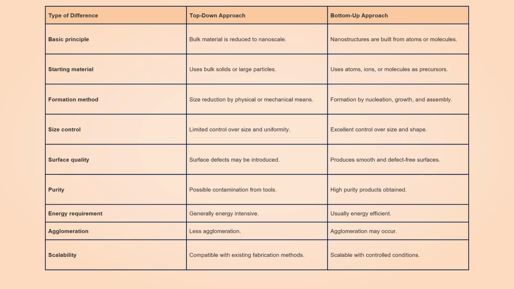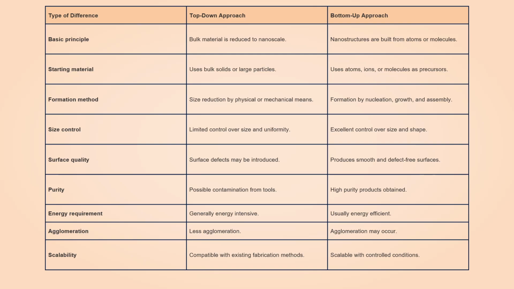When we compare these two approaches from a practical perspective, several important differences can be observed. A detailed table is given here. The top-down approach generally involves higher energy consumption and greater material wastage as excess material is removed during processing. It may also introduce contamination from tools and equipment. However, it is easier to integrate with existing industrial fabrication methods, particularly in microelectronics.